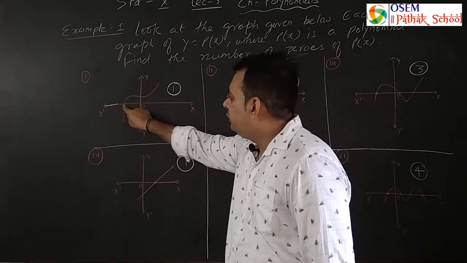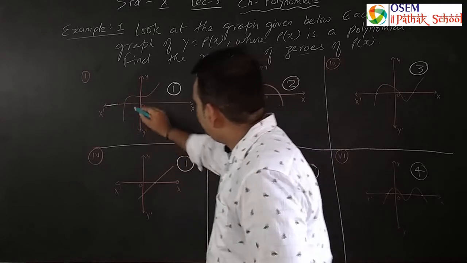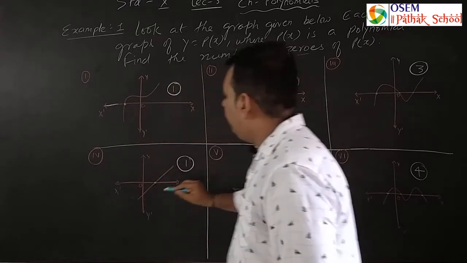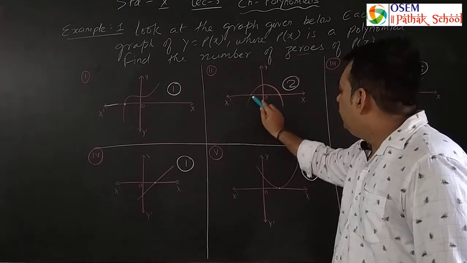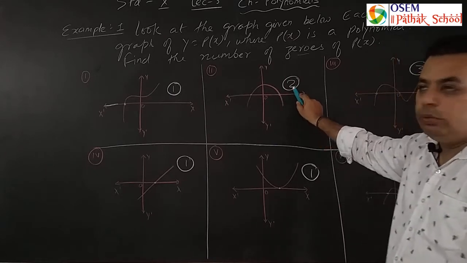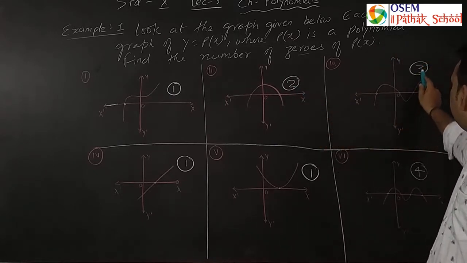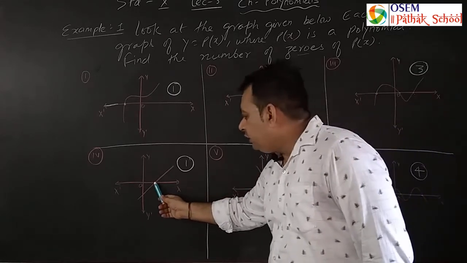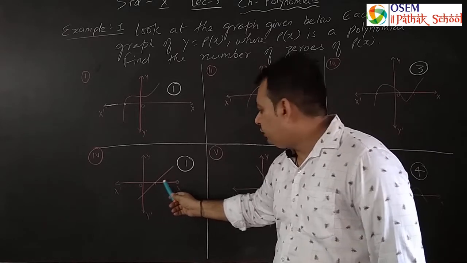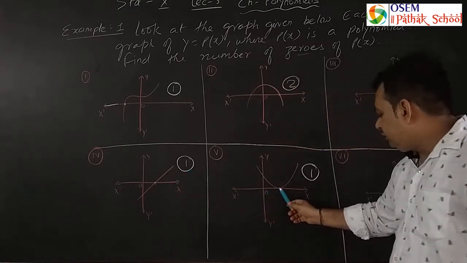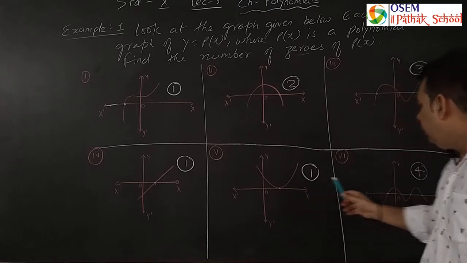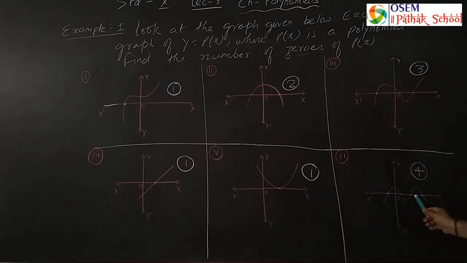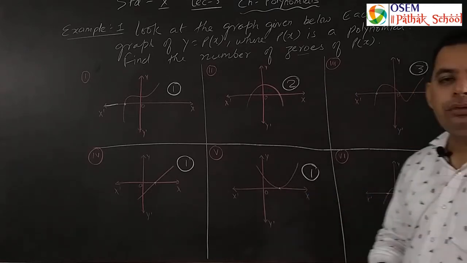Here 1 place, so it will be 1. Here 2 places, so it will be 2. Here 3 places, it will be 3. Here it is intersecting at only 1 place, it is 1. Here also 1 place, it is 1. But here 1, 2, 3, 4. So the answer will be 4.